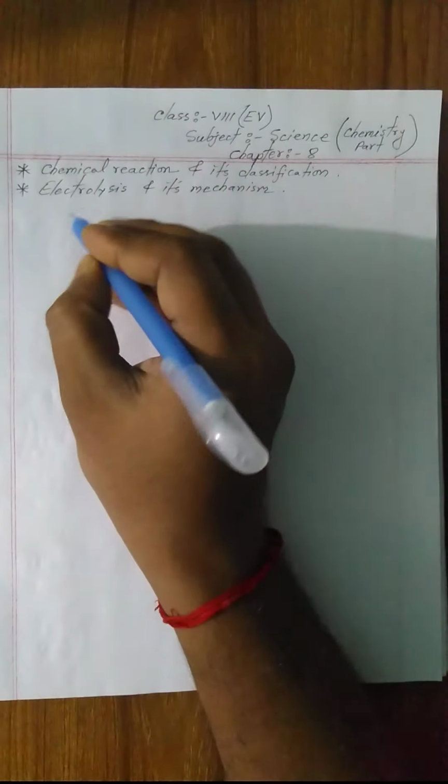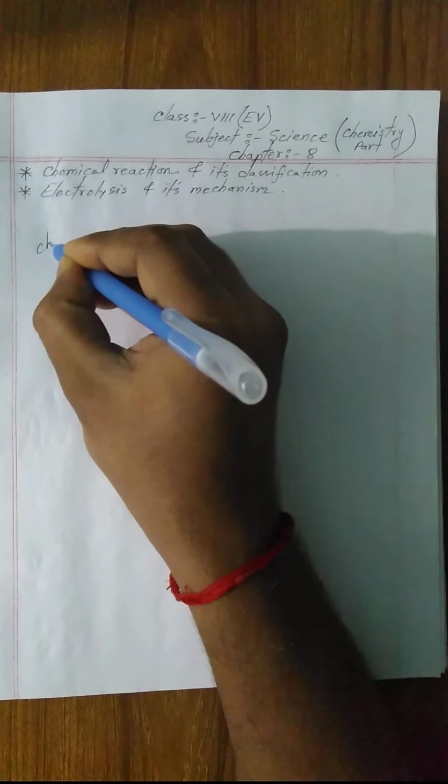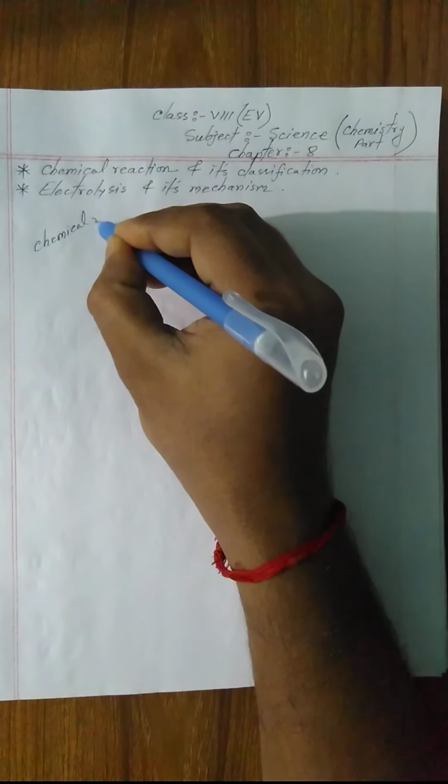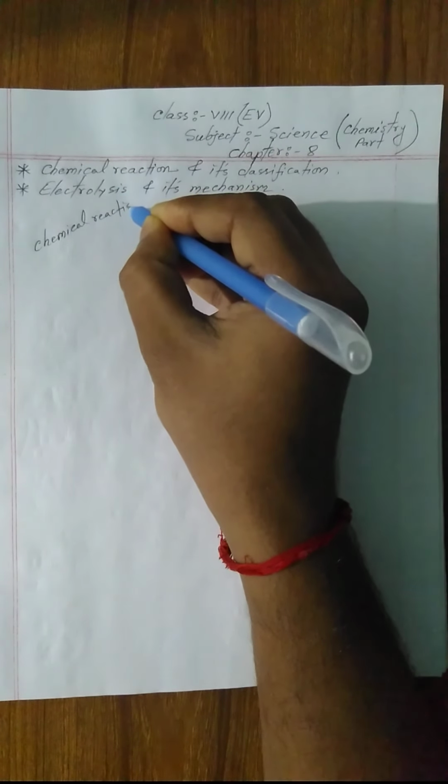First, chemical reaction. It is a process in which two or more substances mix with each other and produce a new substance of different characteristics, known as a chemical reaction.